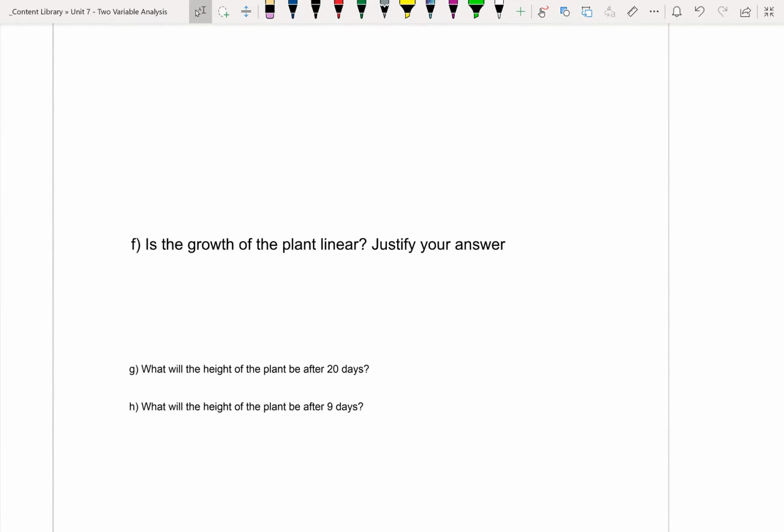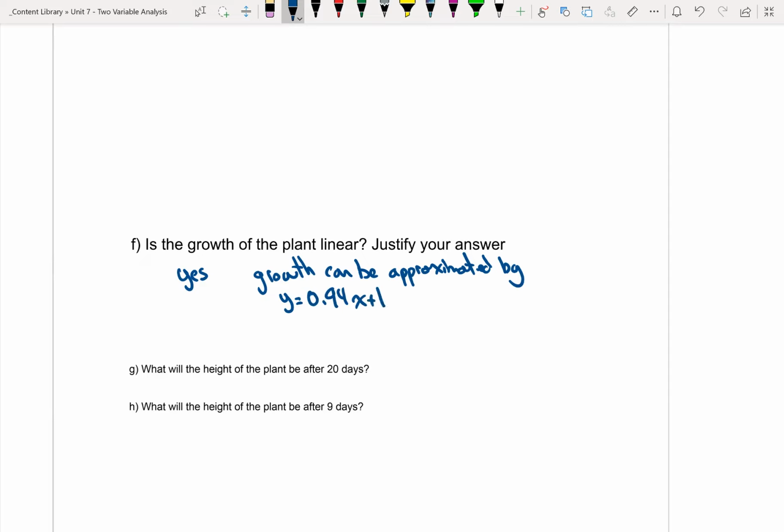So, is the growth of the plant linear? Justify your answer. And I would say yes, it is linear. And you could say growth can be approximated by the linear function y equals 0.94x plus 1, so just rounding.